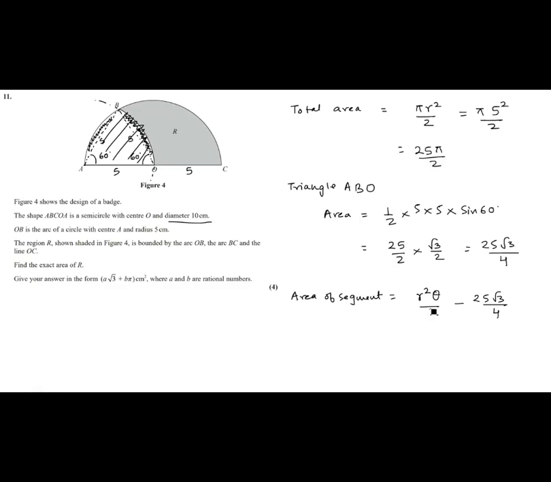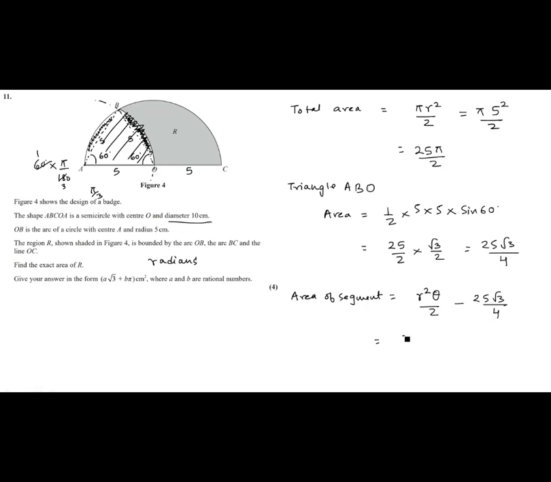Now this theta in this formula must be in radians. So that means the angle is 60 degrees, which, if you multiply by pi over 180, will be pi over 3. So we will use theta as pi over 3 in this formula here. So the area of this little portion, this segment here, will be r squared theta by 2 minus 25 root 3 over 4.